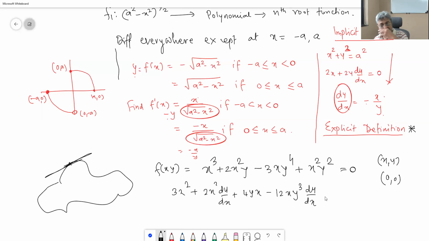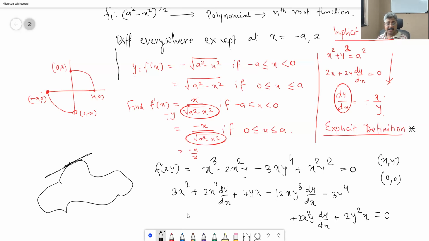Are you there? Do you understand what is going on? After that, minus 3y fourth plus 2x square y dy by dx plus, what comes? Differentiating this, 2y square x is equal to 0.